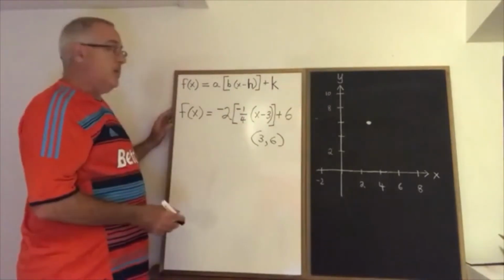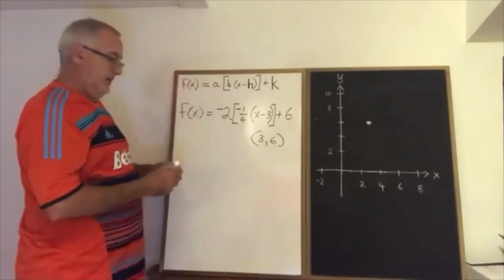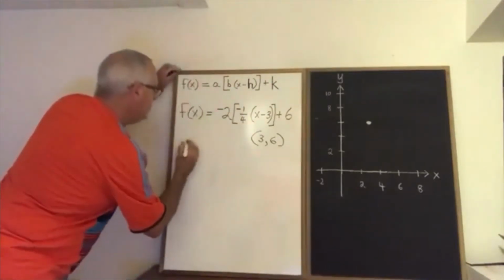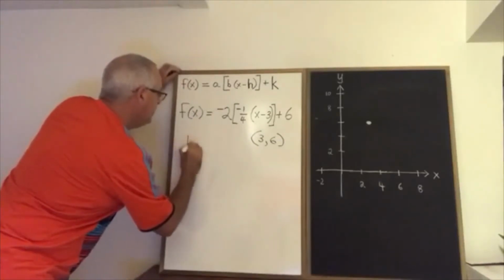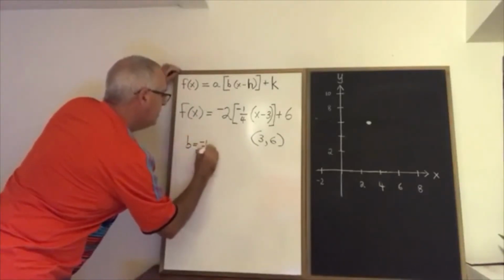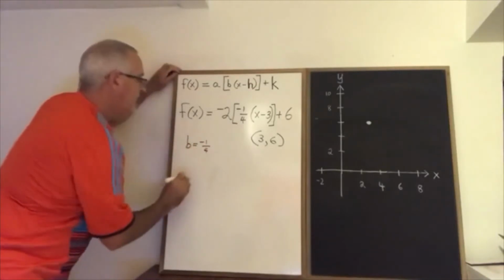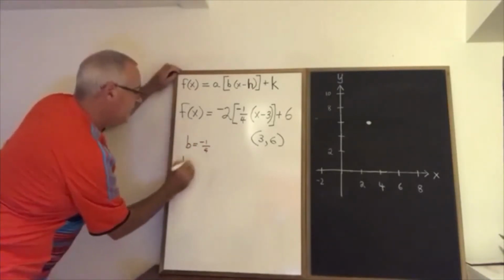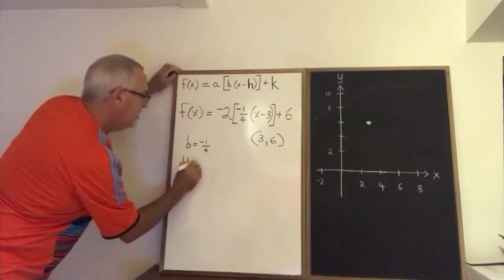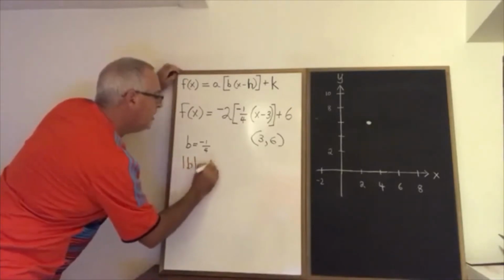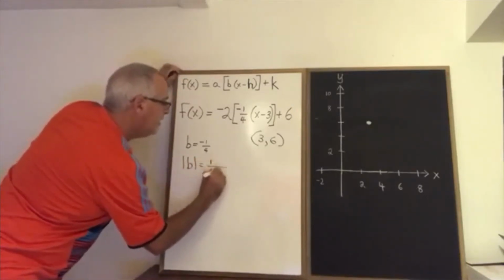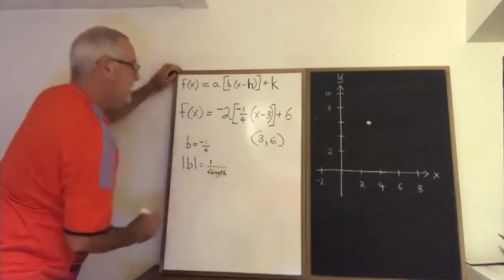The next thing to do is to find our b. b is equal to -1/4 in this case. And we need to know that the absolute value of b is equal to 1 over the length of the steps.